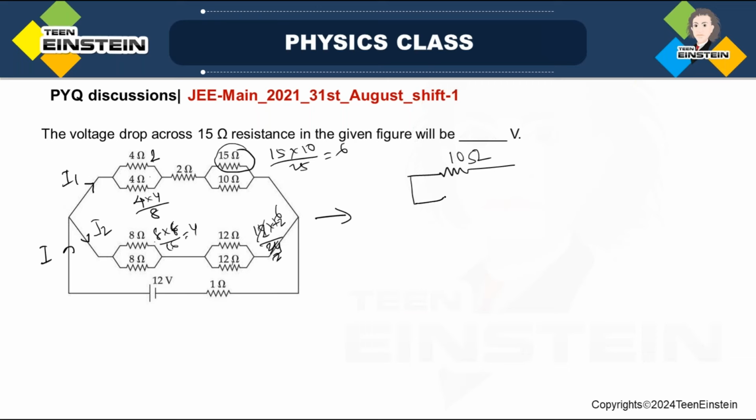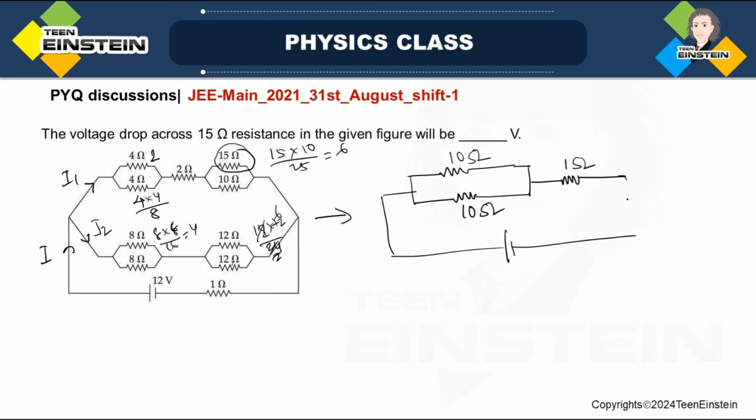So I have got resistance in both branches as 10 ohm. Okay, 10 ohm. So here also 10 ohm, and I have got another resistance of 1 ohm. So this is connected now with this 12-volt battery. Now what is the total current?